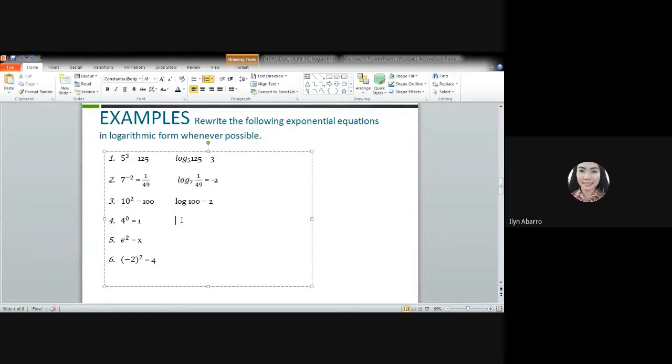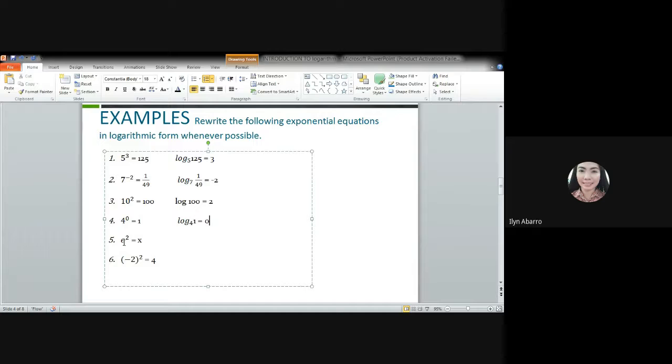So, the logarithm of 1, so 1 yung value niya ng exponential form, with base 4 is equal to, what is the exponent? Is equal to 0. Okay, so ganun lang yan.